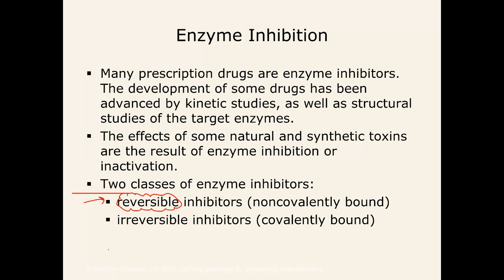And right now, this is an important discussion because many drugs are developed as irreversible inhibitors, because you want to completely destroy that enzyme's ability. You want it to bind and that's it. You don't want it to come back.